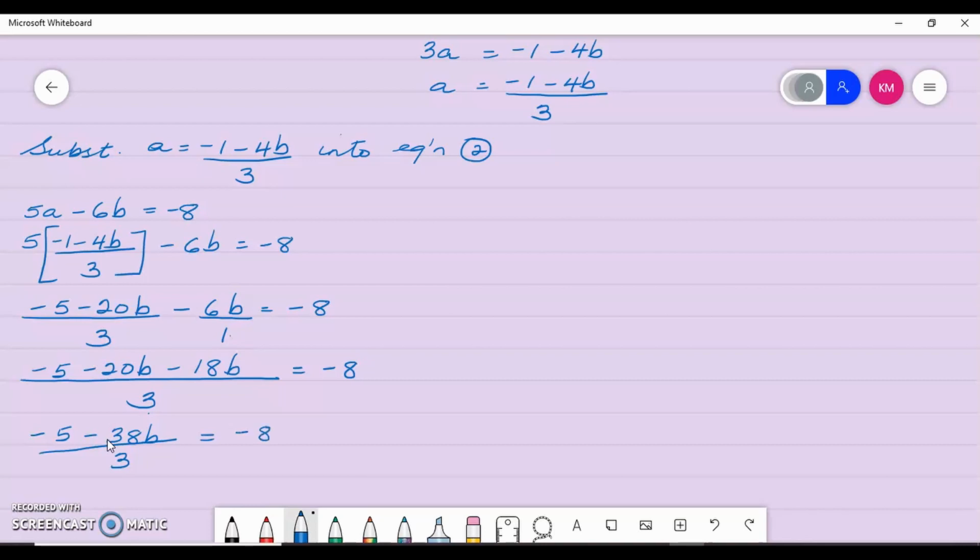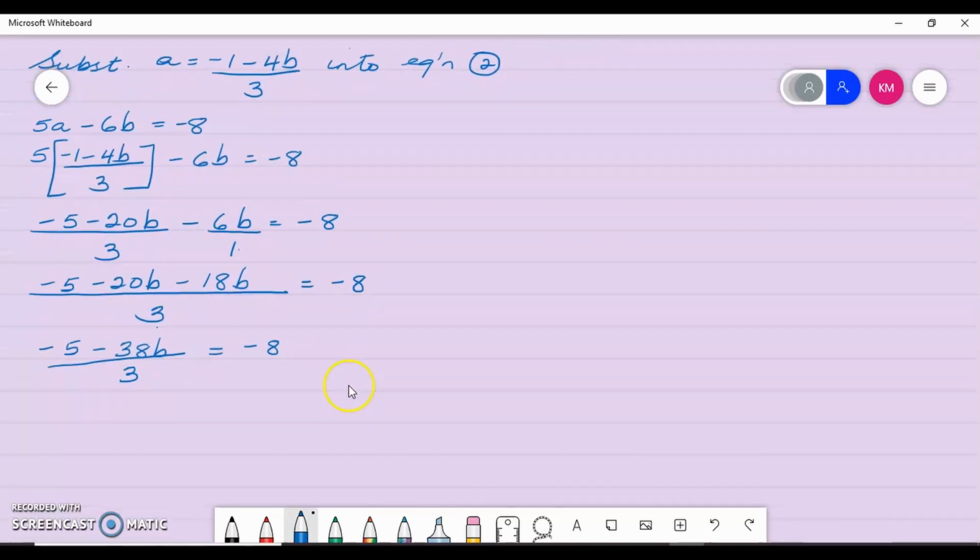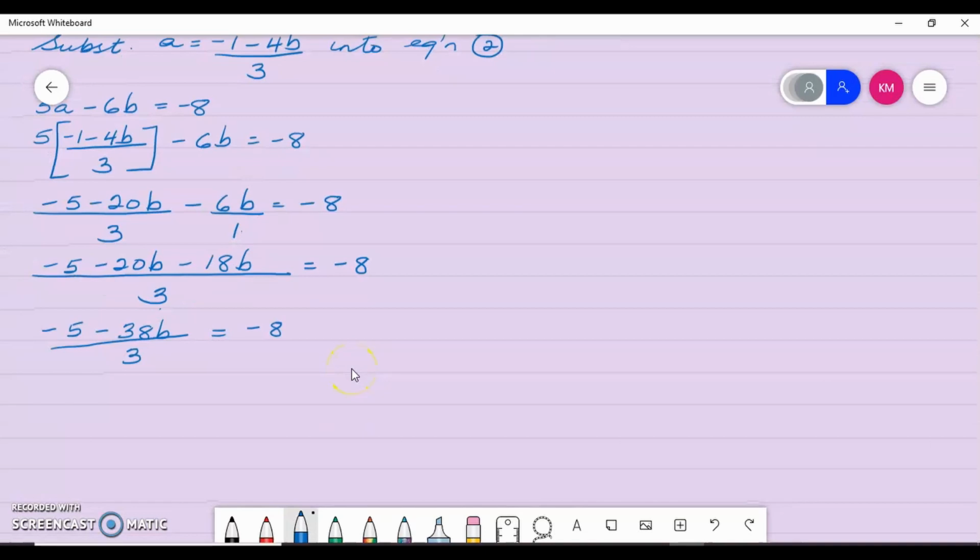I'm going to solve for b, so I carry everything to the other side. I get negative 5 take away 38b is going to be negative 8 multiplied by 3. It's negative 24. Negative 38b is equal to negative 24 plus 5, which is negative 19.